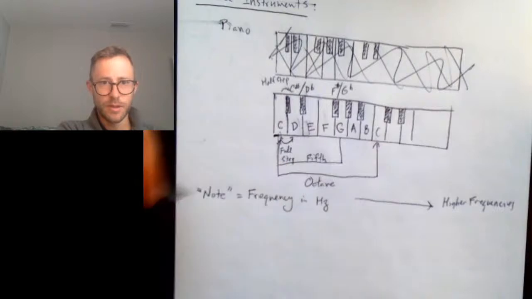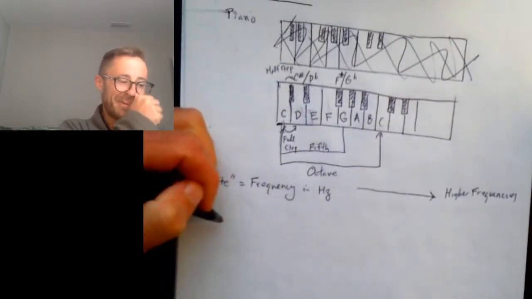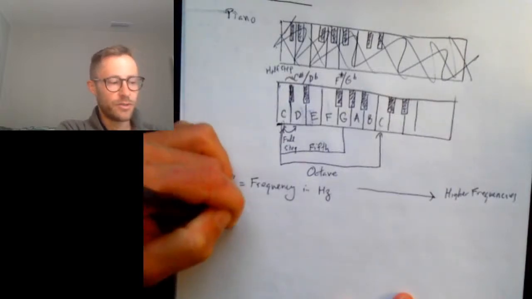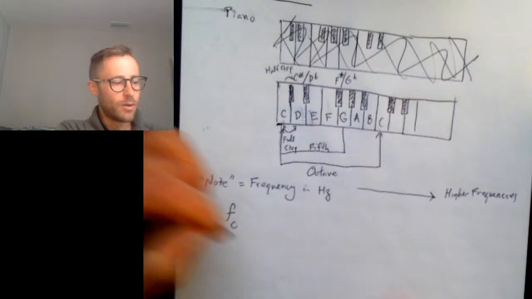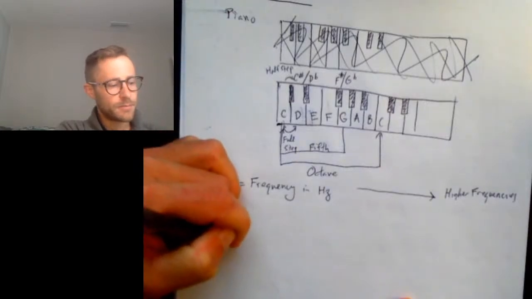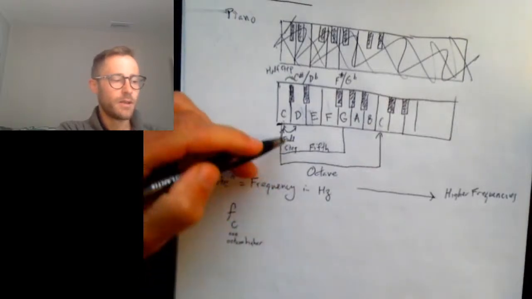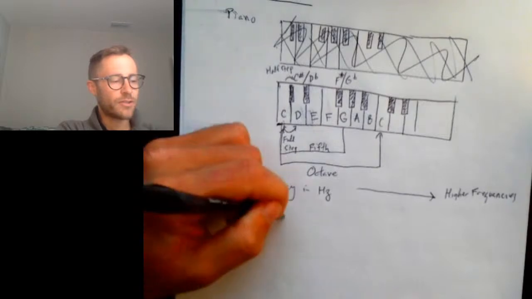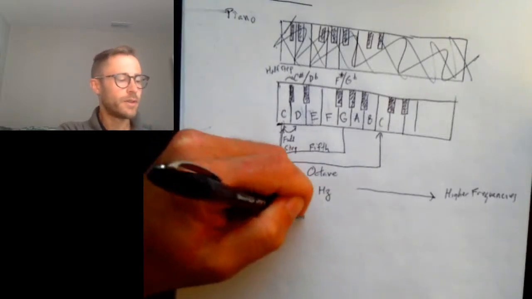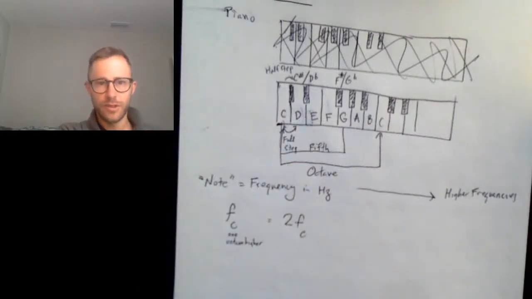Now this is important. If I want to know what is the frequency of a C 1 octave higher, it is twice the frequency of the previous C note.